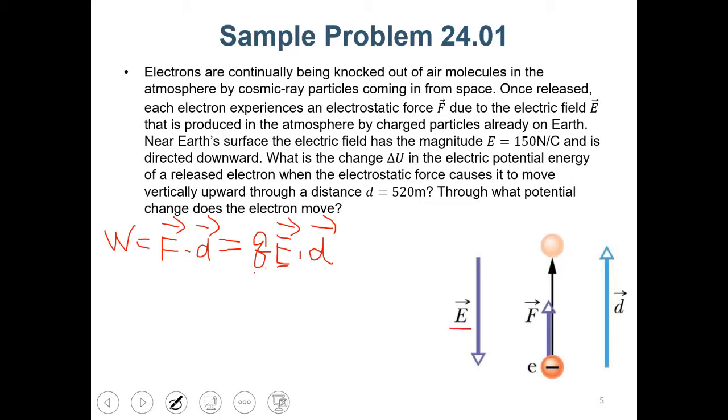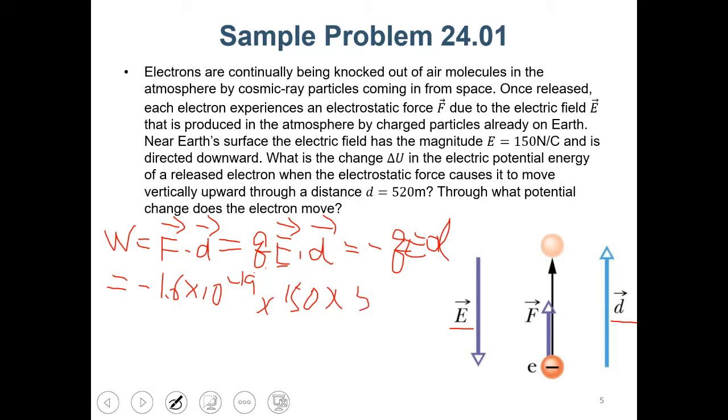As you see, E and d are in opposite directions, so E dot d should be minus Ed. So we put in all the values: minus 1.6 times 10 to the minus 19 times E, which is 150, times 520.